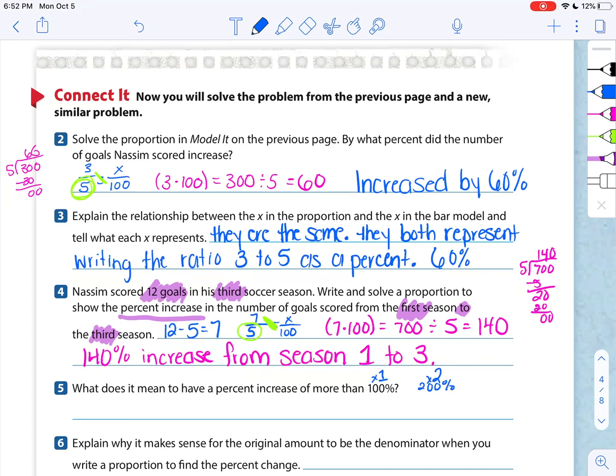So more than 100% means that it's going to be more than doubling the starting or the original amount. It's not quite as much as multiplying by 2, but it's somewhere in between there because it's 140%.